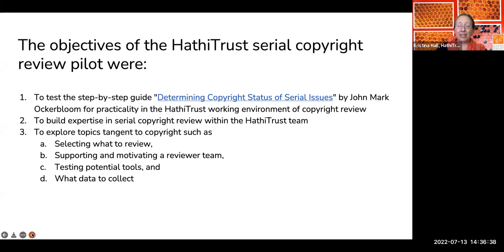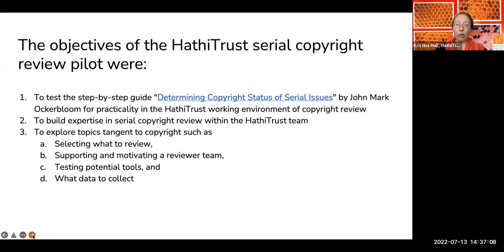In fact, we really didn't get to a point of being able to open access to many of the things we reviewed yet, but we learned a lot. So our objectives for the pilot were to test the guide in a working environment of copyright review for HathiTrust. We were building expertise within our team, and we were also exploring topics that were beyond just the copyright review, such as how to select what to review.